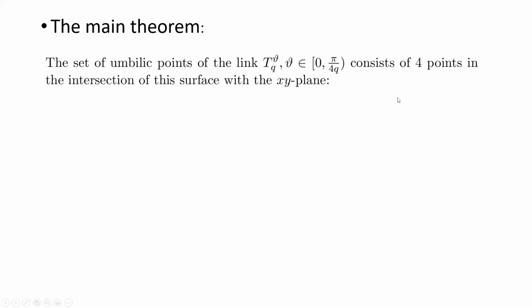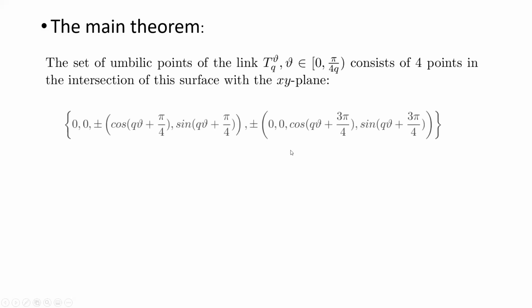The set of umbilics consists of four points in the intersection of this surface with the XY plane. We can provide these points. So we determine in general, not just for the double torus but for any genus given by q, the umbilic points of the surface, given only by the intersection with the XY plane.